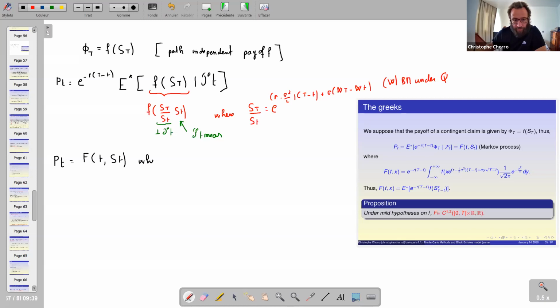And so I am able to compute the price as a function of t and of the measurable part, where f_t of x is given by what? I pass from a conditional expectation to an expectation: exponential of minus r (T minus t), expectation under Q of f of S_T over S_t, x.